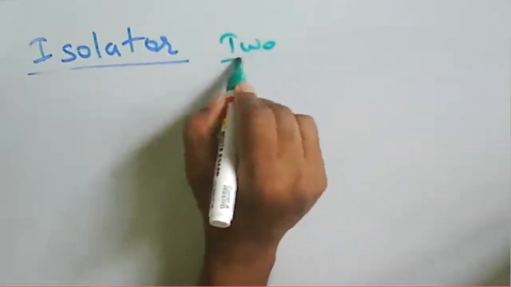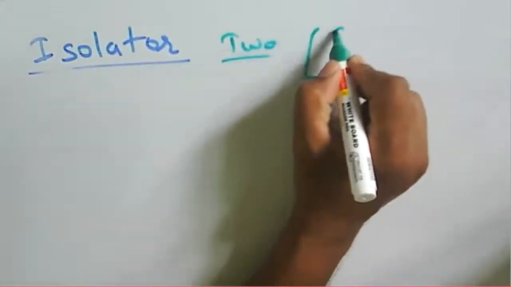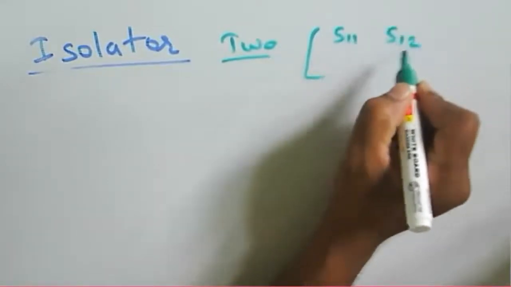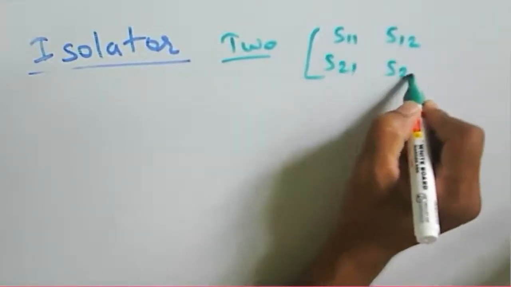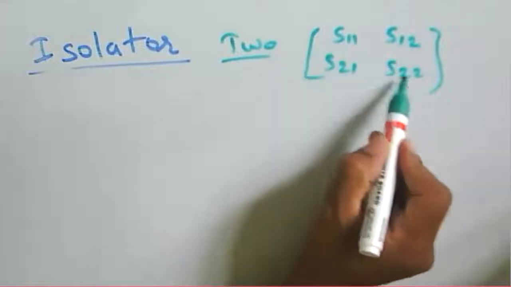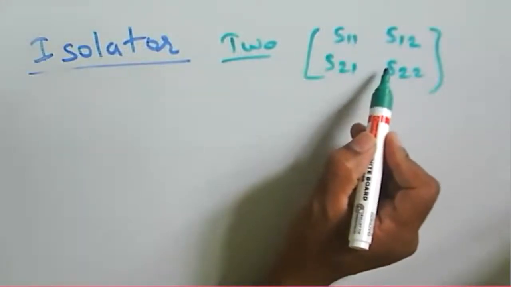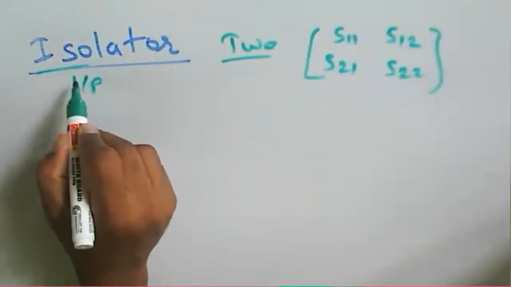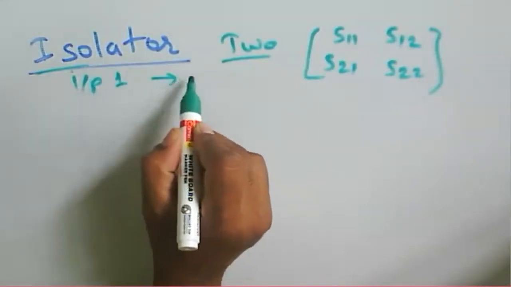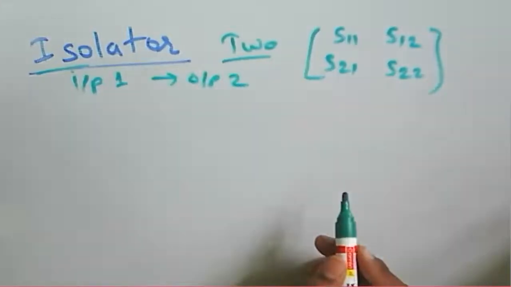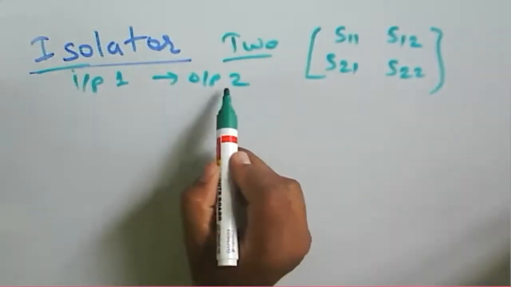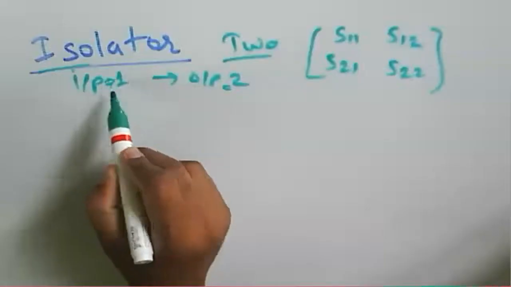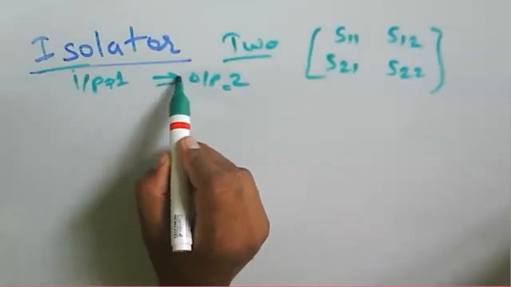If you find the matrix here, it will be S21, S22. Since these ports are matched, this will be 0. If the input is at port 1, the output will be available at port 2.